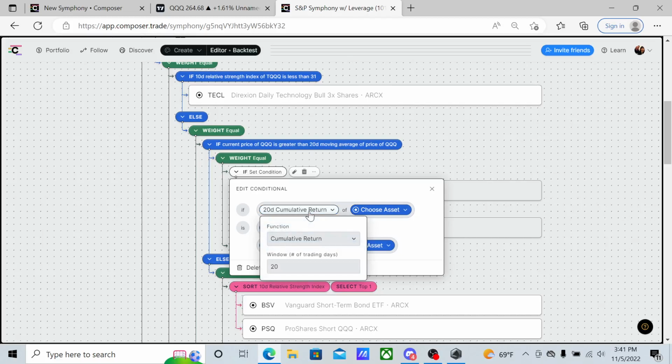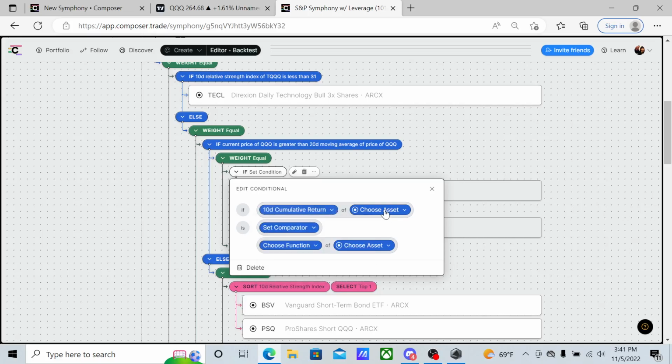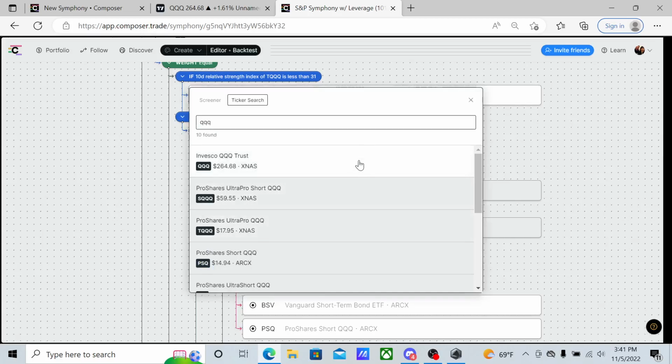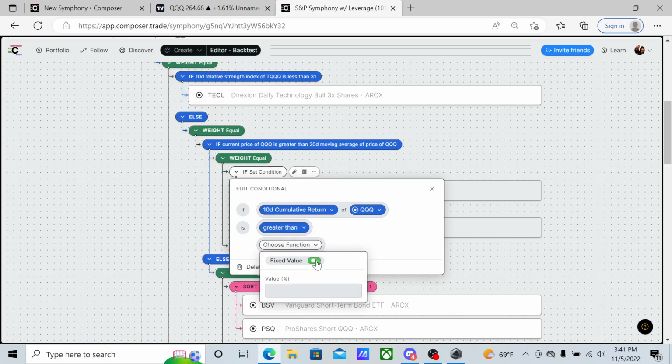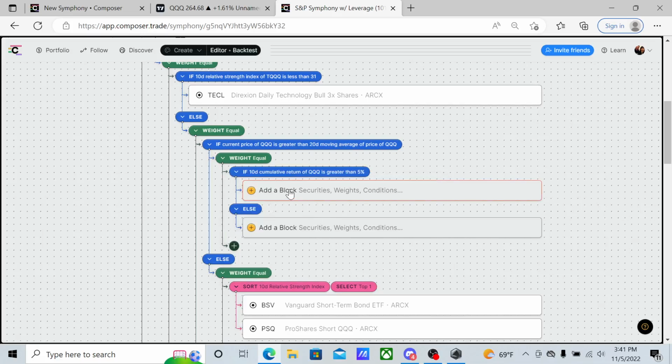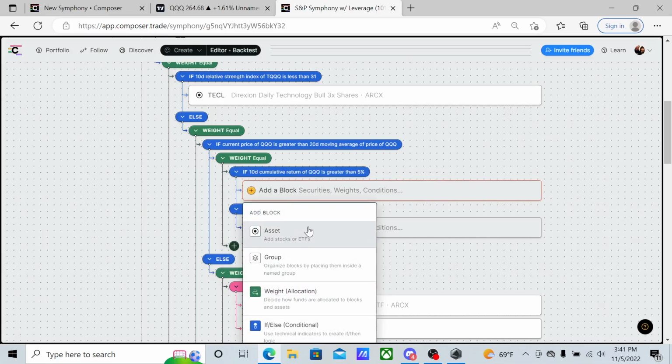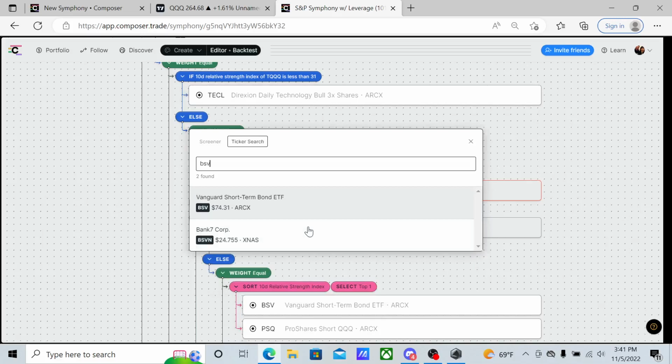So you could say if the 10-day cumulative return of QQQ is greater than, let's just say 5%, let's just keep it conservative, then go to bonds, essentially.